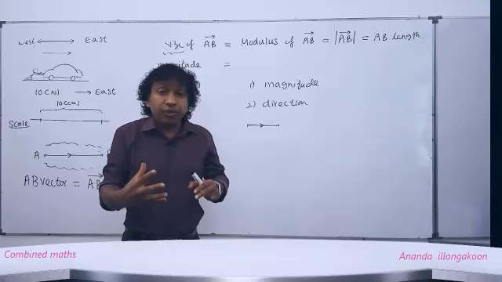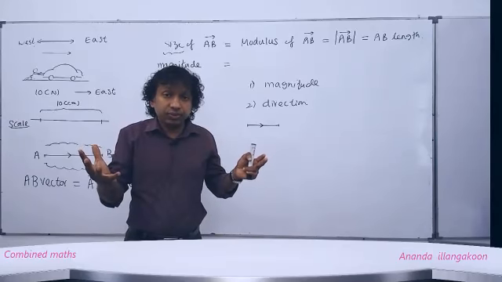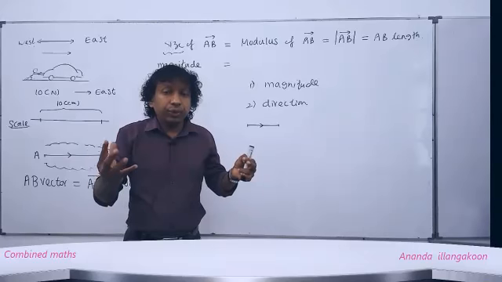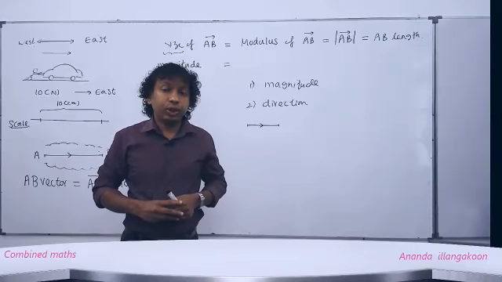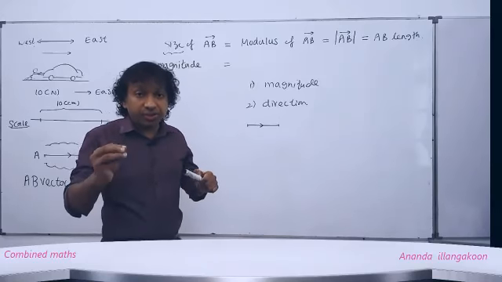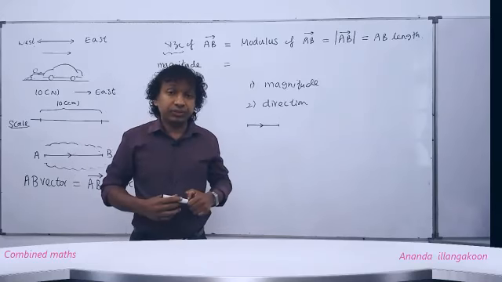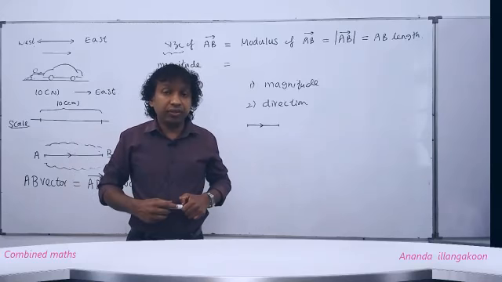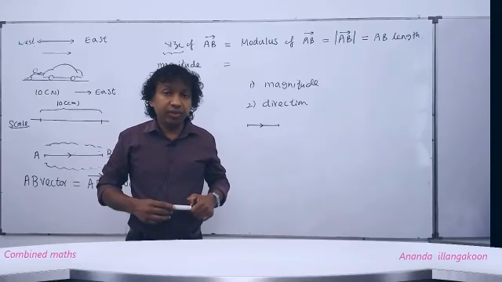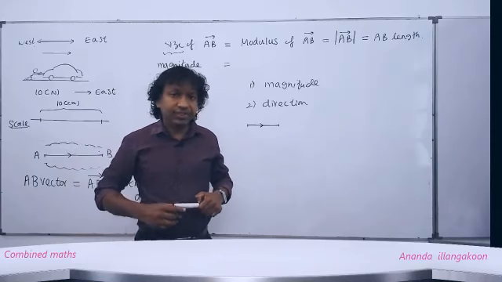Now, if something has more qualities, for example, can you find two equal children, or two equal persons, or two equal men or two equal women? Can we easily find them? No. What's the reason?